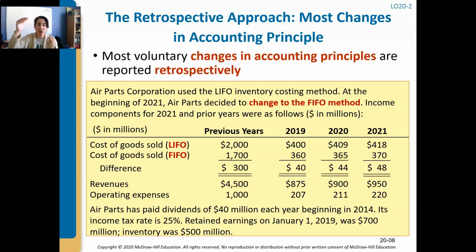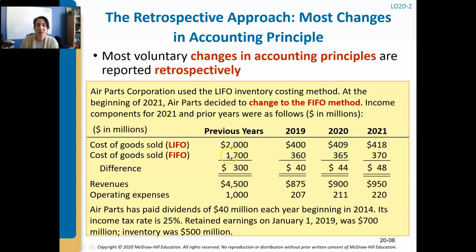Unfortunately, your balance sheet tends to be understated because it looks like you have all the old inventory on there. But the benefit of LIFO is the high cost of goods sold means a lower net income. Now we're going to switch from LIFO to FIFO. So what's going to happen? We're going to have overstated income. It's going to need to be brought back down. It's a whole thing. So let's get into it.